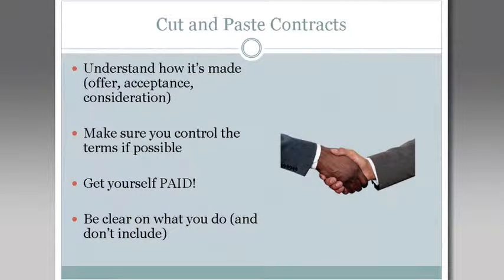You want to make sure that any contracts that you have for services or goods, that you get yourself paid. You want to make sure that you set a time and consequences if someone doesn't pay you. I see a lot of clients who have form contracts that they pulled from somewhere and they have net 30 terms in there. And I ask them, do you really want to give an interest-free loan to your customer for 30 days?